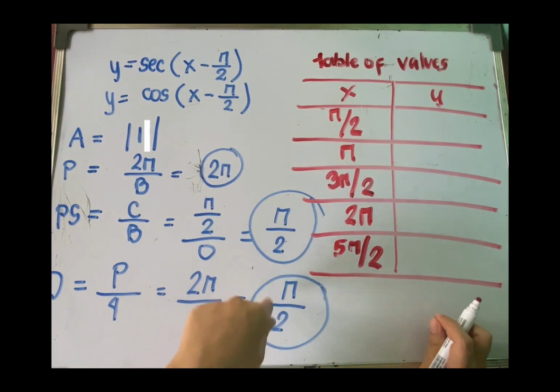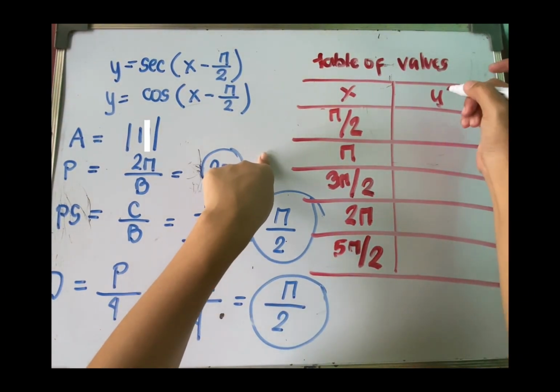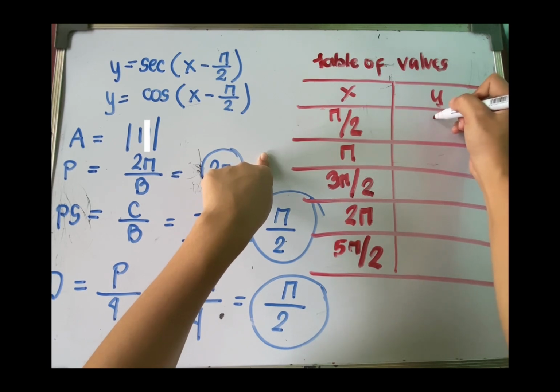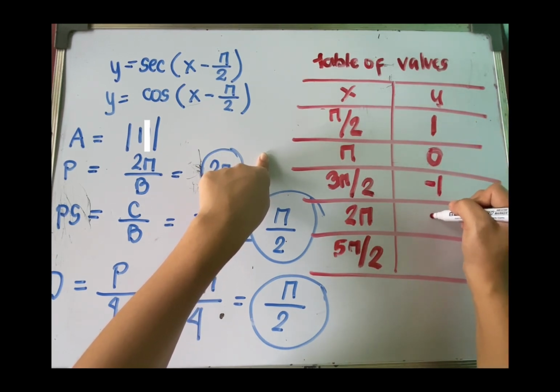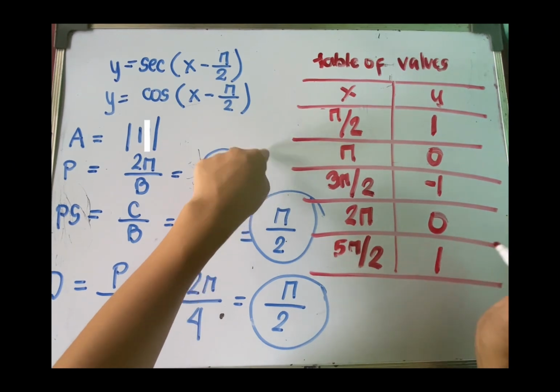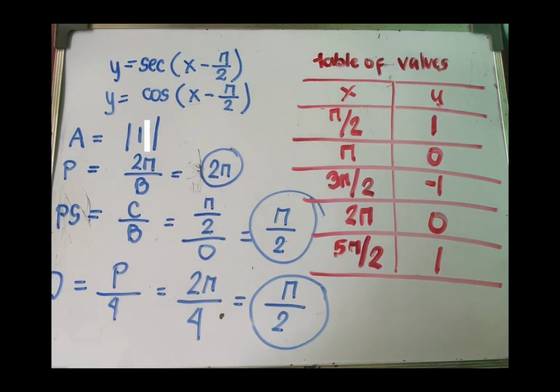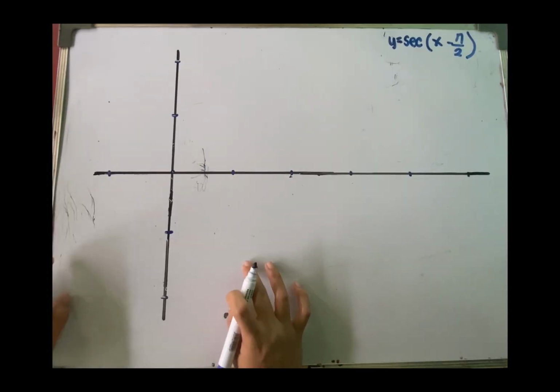And now let's move to our y. I start with 1, 0, -1, 0, and 1. Now, since we have the table of values, we can do the graphing.